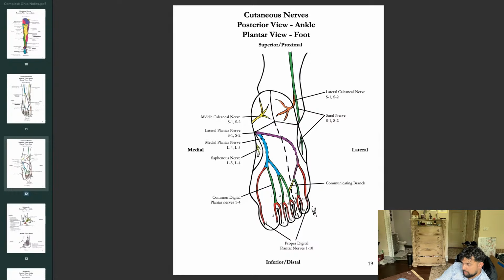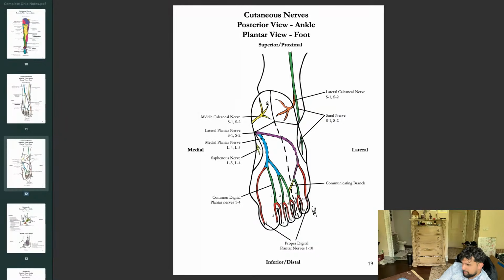Also, it's kind of cool they made this one thicker, because I think that is the one that's thicker. There's a better animation later that goes over the lateral calcaneal nerve. The sural nerve gives off the lateral calcaneal nerve, whereas the medial calcaneal, it's not showing here, is given off from the tibial nerve, right? So this actually shows it a little better.